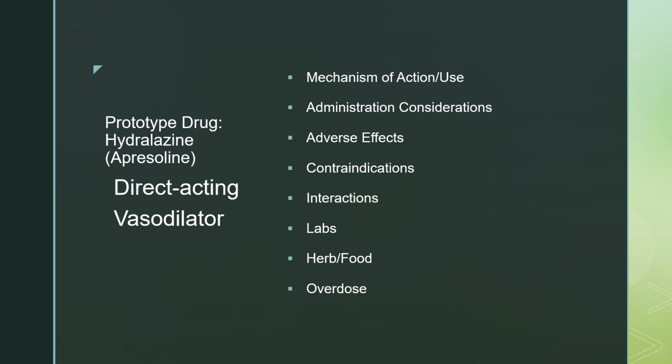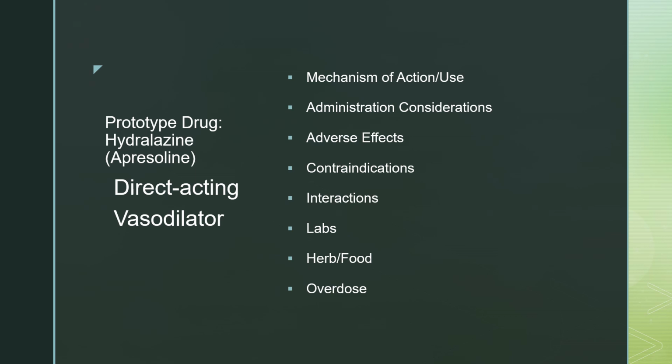This particular medication was one of the first oral antihypertensive drugs marketed. It's going to act with vasodilation on the arterial smooth muscle. It does not affect the veins. Typically, therapy is given in low doses and gradually increased until the therapeutic effect is achieved.